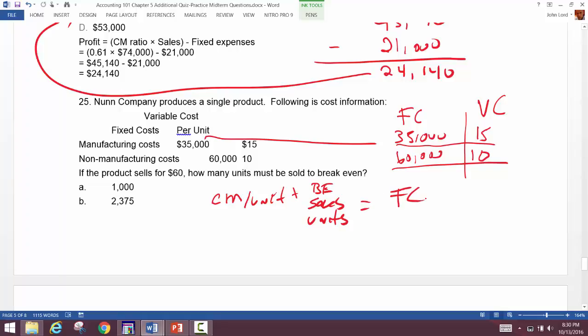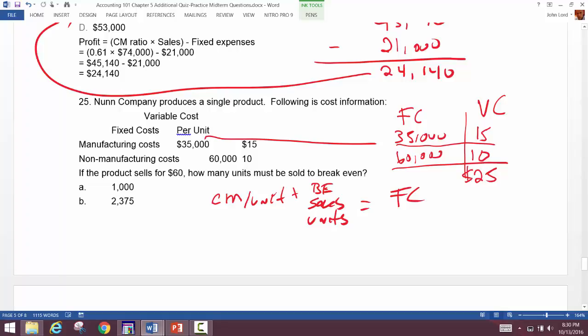And if I know that, I don't start playing jazz with this thing and saying, well, let me take out the manufacturing versus the non-manufacturing. There's no rule that says that. It is my contribution margin times the number of units that has to equal my fixed cost, doesn't it?